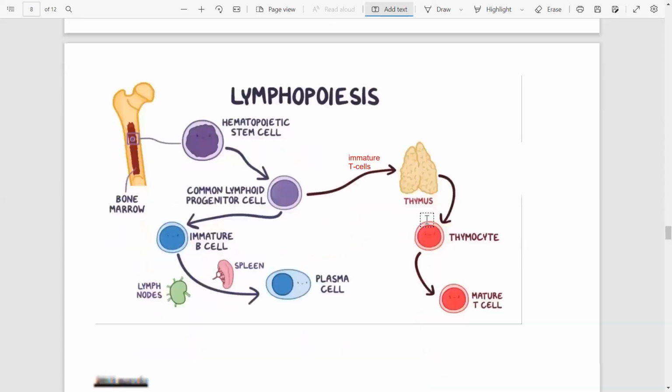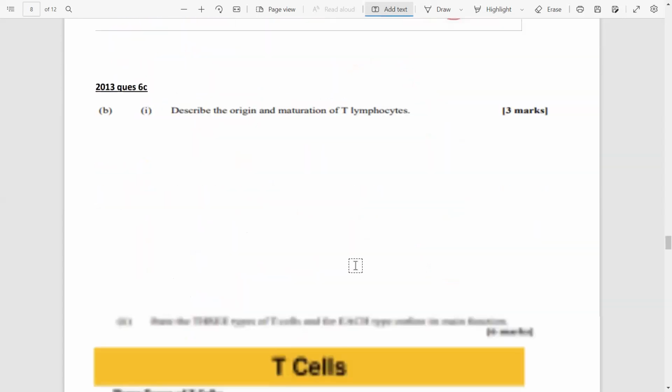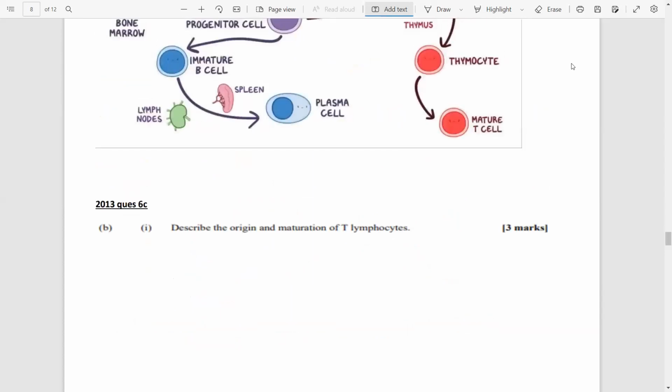And then by the time they leave the thymus, they will be mature T cells, okay? So the key thing is that the B cells are formed and mature in the bone marrow, whereas T cells are formed, but they mature in the thymus. So when they say describe the origin and the maturation of T cells, we say they originate in the bone marrow.